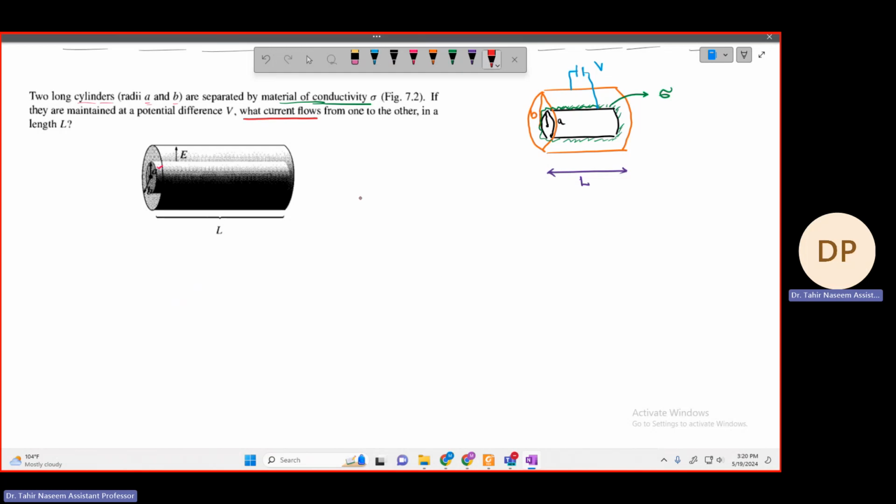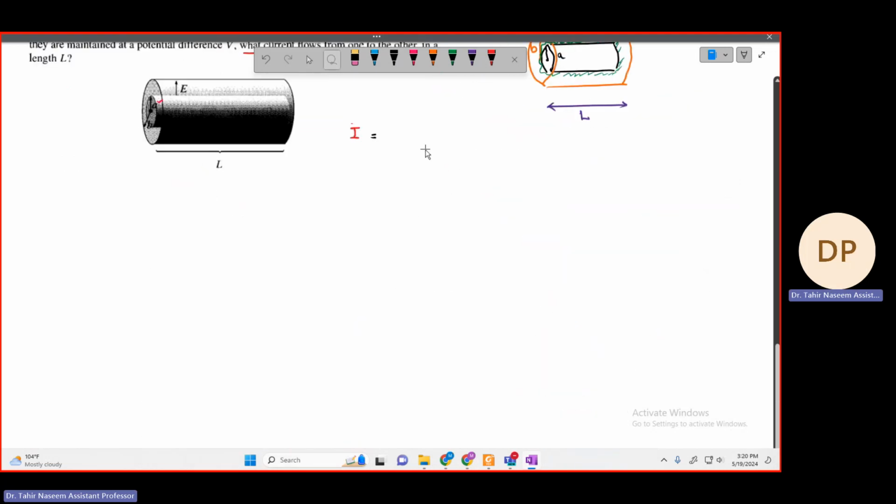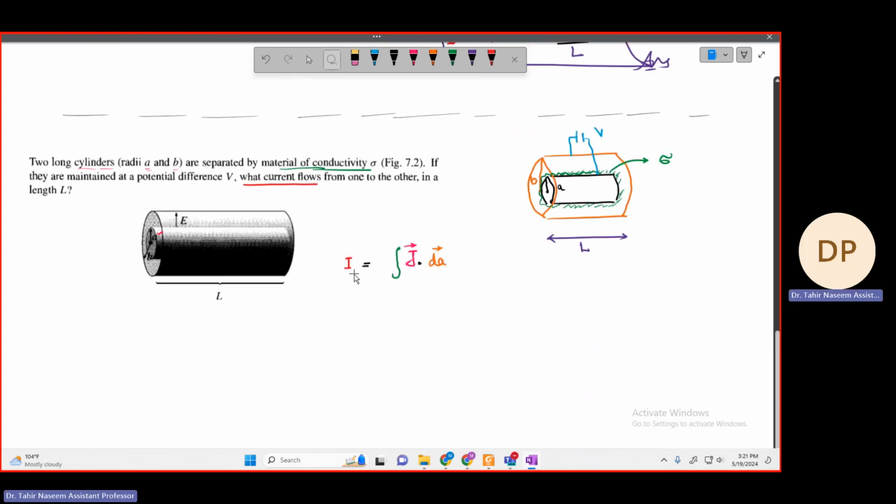Once again, our starting point will be writing I is equal to J dot dA, right? From the definition of current density. So this is the current flowing between these two conductors, and we have to find it.